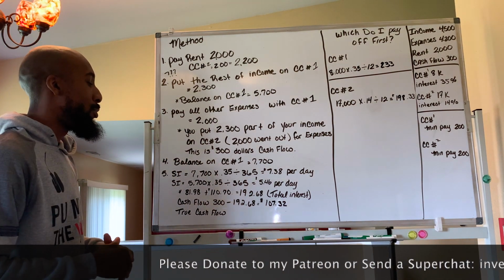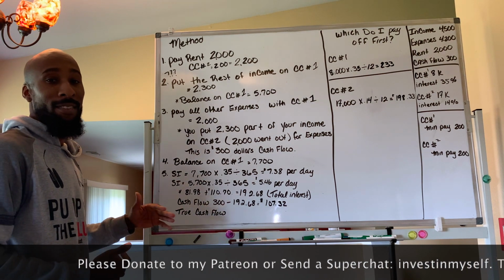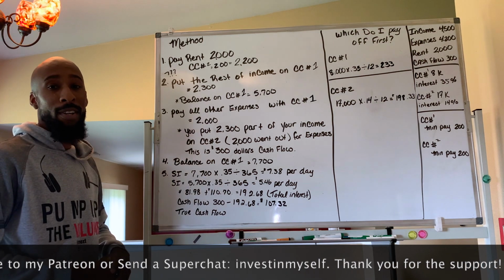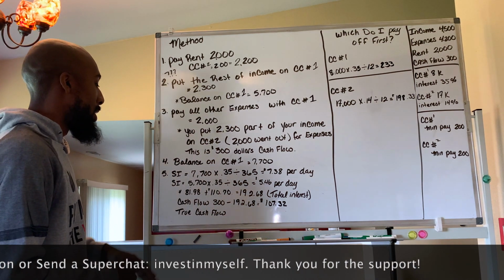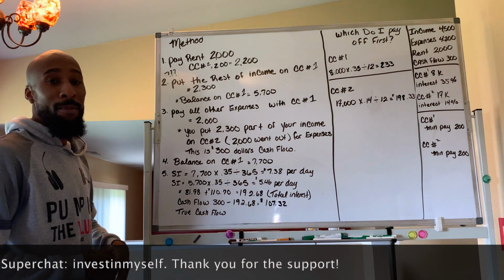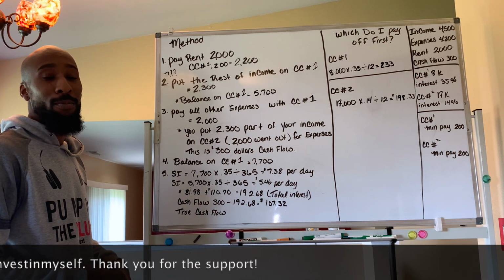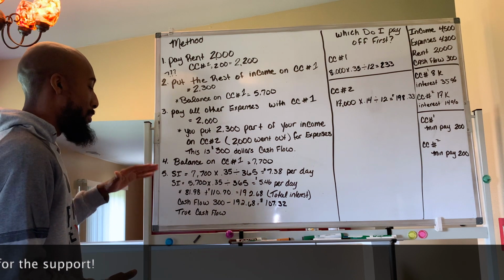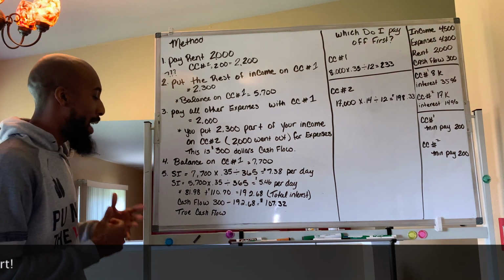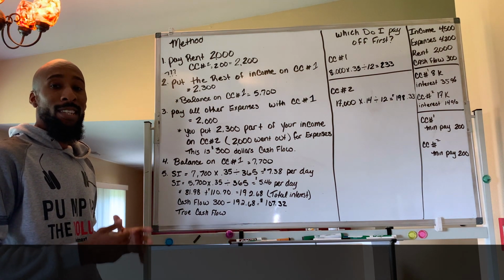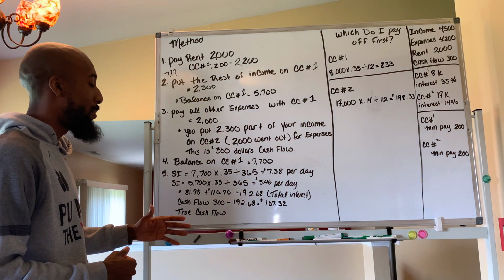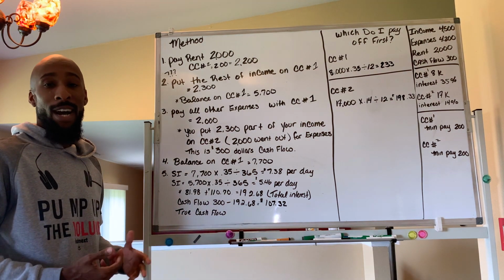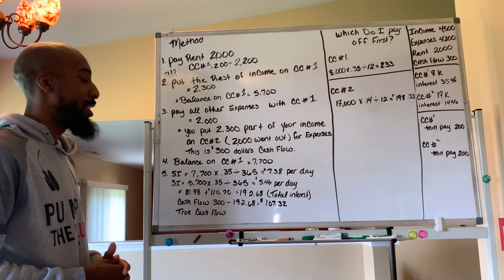So we're going to assume half the time it was $7,700. And then when we first put our money on it, the $2,300, that other half of the time it was $5,700. So we want to calculate the simple interest that was accruing daily when that was the balance. So we're going to take $5,700 times 0.35, that is the interest rate, divided by 365 because there's 365 days in a year.